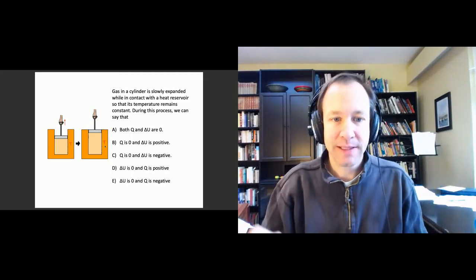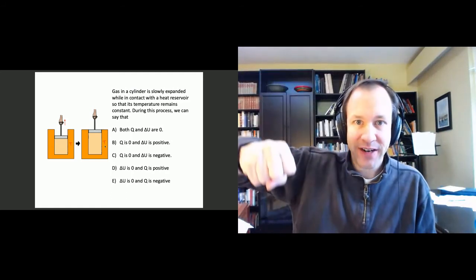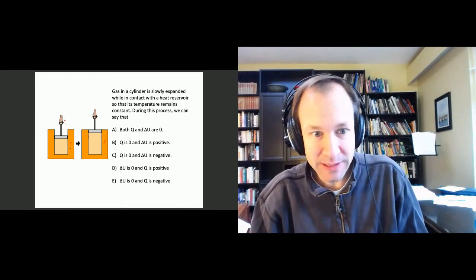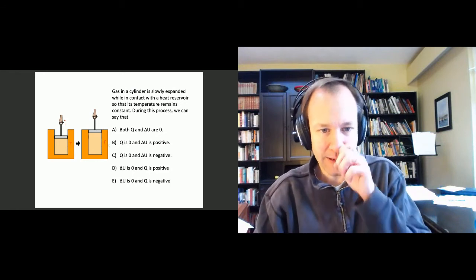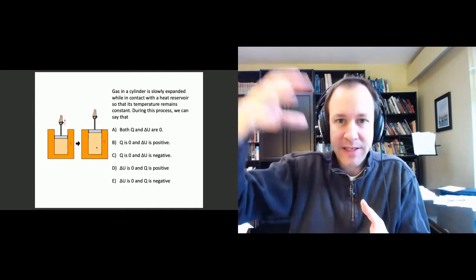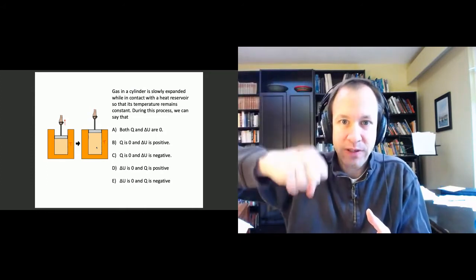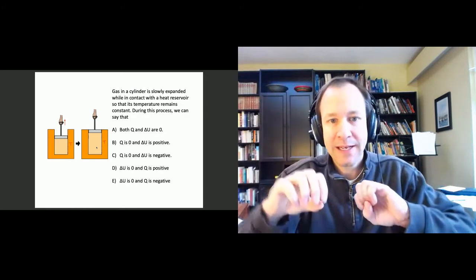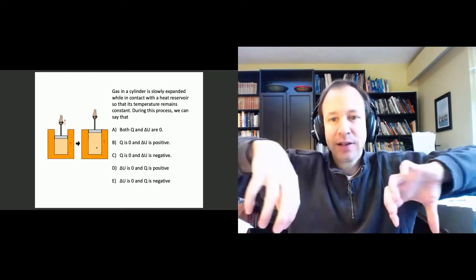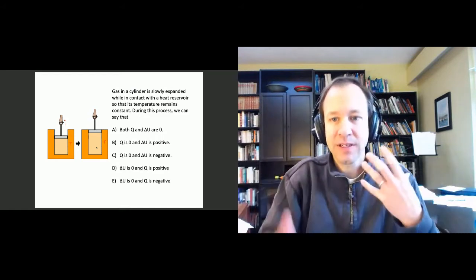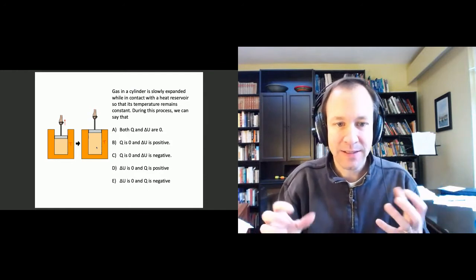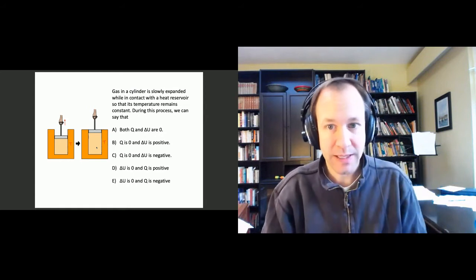If you expand or contract the gas very slowly, it will remain in thermal equilibrium with the surroundings. For example, if you compress it and it heated up a little bit because you added a little energy with your mechanical work, then if you're doing it very slowly, that extra energy can leak into the heat reservoir. So as long as you're doing things slowly, you remain in thermal equilibrium. That would be the picture of a constant temperature process.